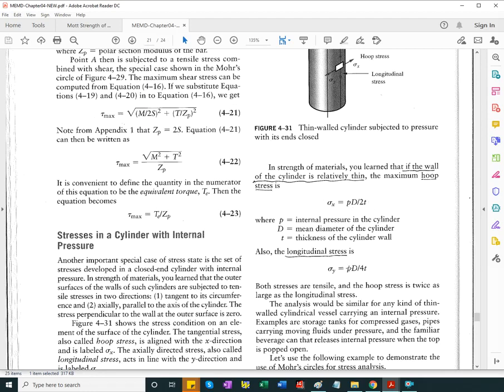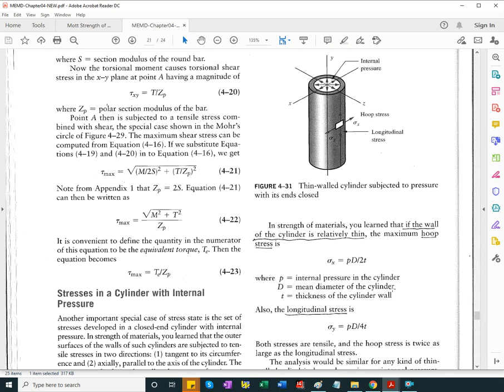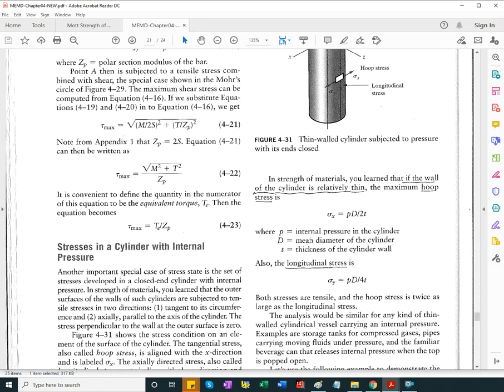I start with the longitudinal stress. Here's the formula for it: inside pressure times the mean diameter of the cylinder, divided by 4 times the thickness of the cylinder. And the hoop stress is twice as big. You see here it divides only by 2, so same terms, but a 2 instead of a 4.